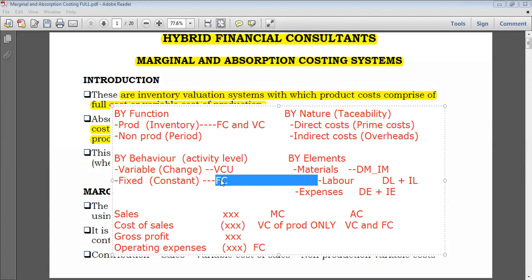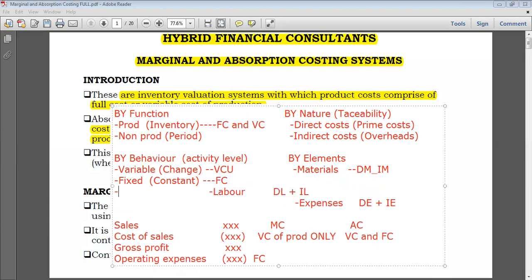Now let's go further. I could add something. Even fixed costs sometimes change. There are costs called semi-fixed costs. What do we mean by semi-fixed costs? These are costs that are fixed only up to a given activity level, after which they change. Let's presume a carpenter is making tables and has rented a warehouse capable of accommodating a maximum of 50 tables.